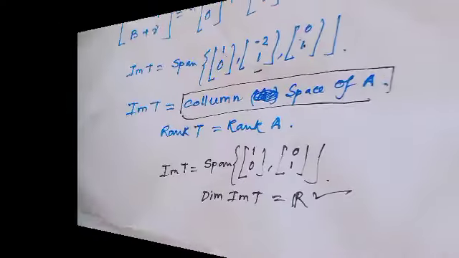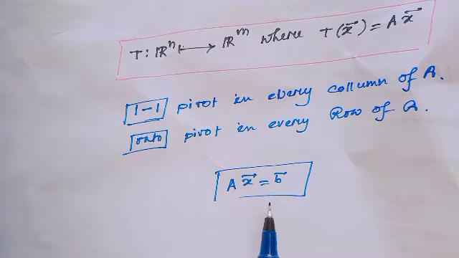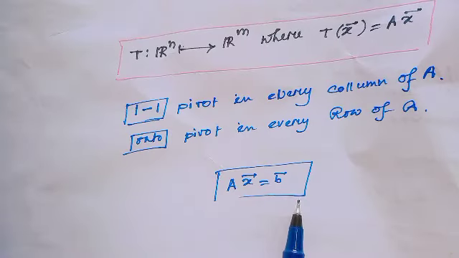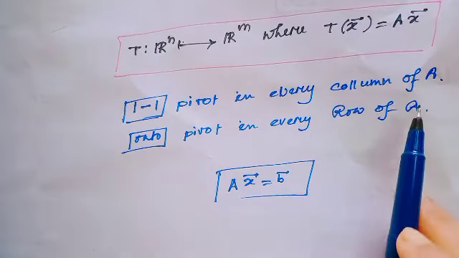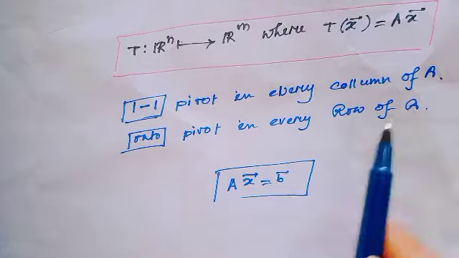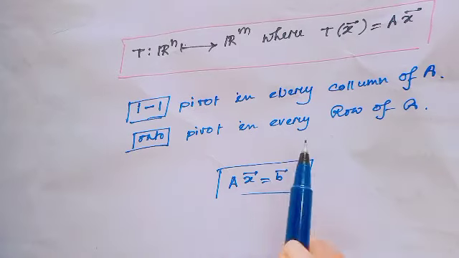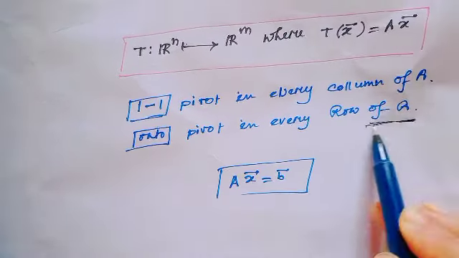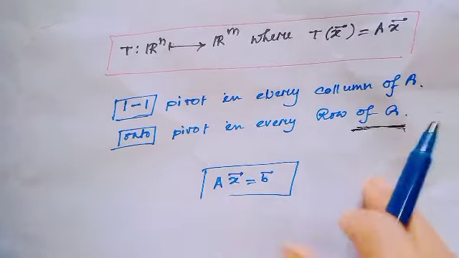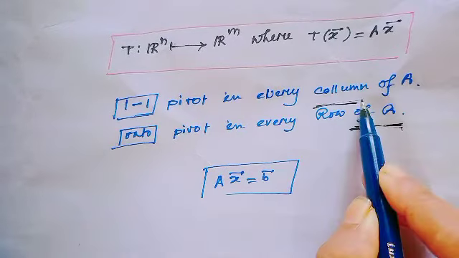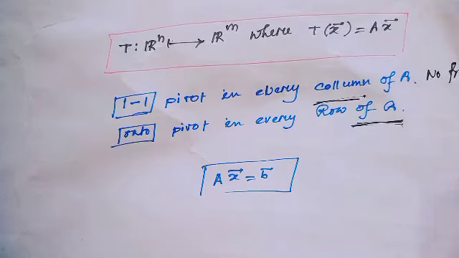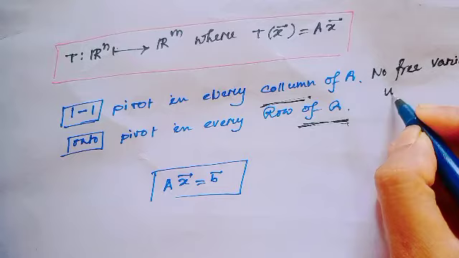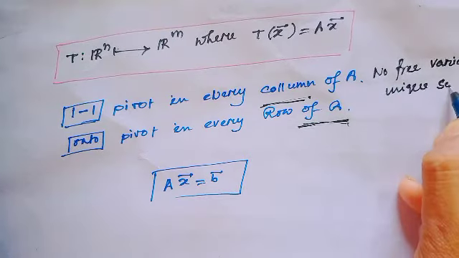To find 1-1 and onto from the solution of Ax equals b: it is 1-1 when there is a pivot in every column of the matrix A, and onto when there is a pivot in every row of the matrix A. Pivot in every column means there exists no free variable, so there exists only one solution, a unique solution.